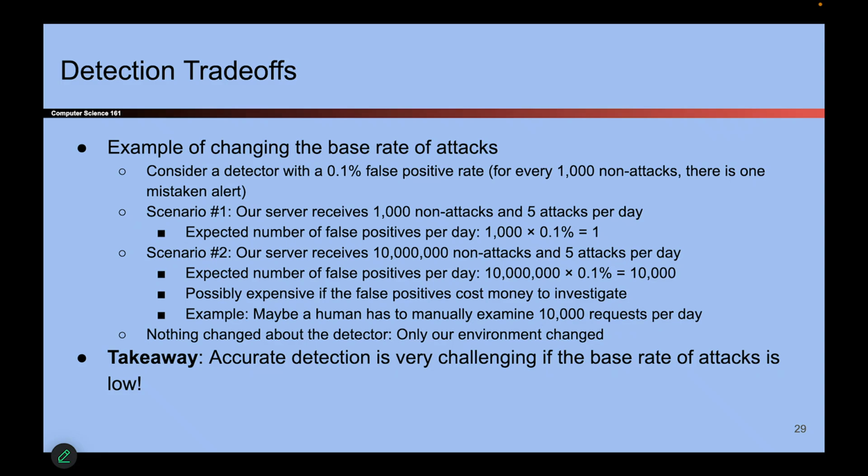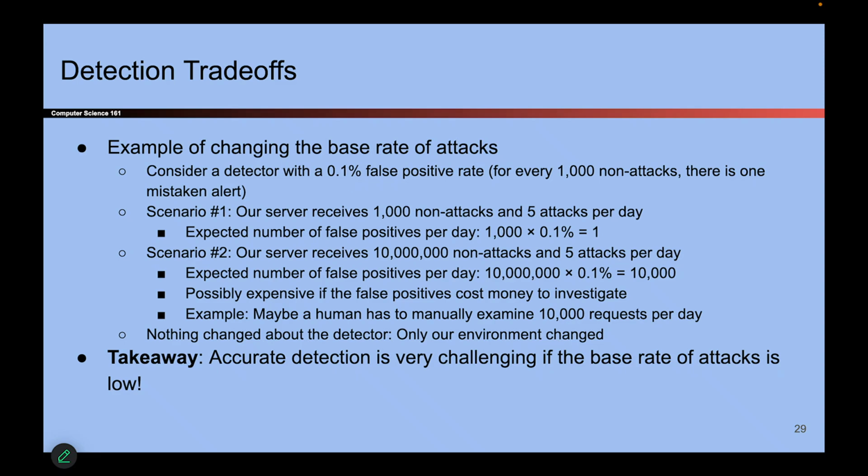How many of these attacks are really attacks? And most users will say, well, probably most of them, right? Because the detector found 10,005 things to investigate. But in fact, the vast majority of the 10,005 alerts are total false positives. That's the thing that's pretty counterintuitive.